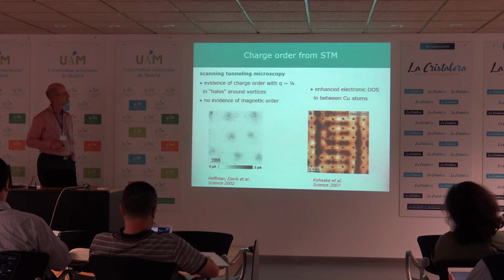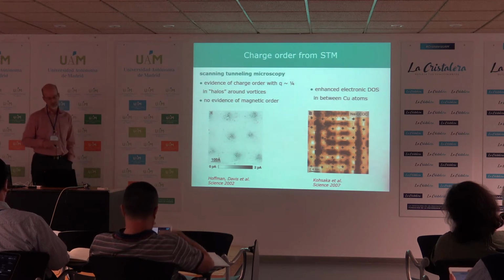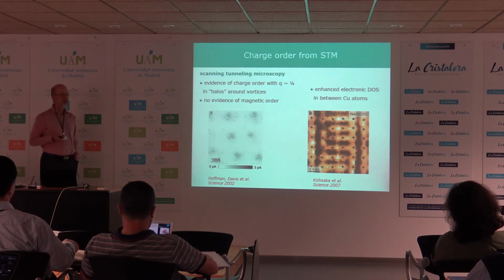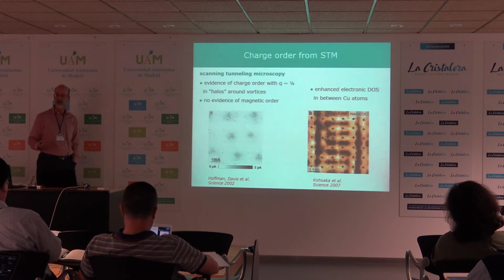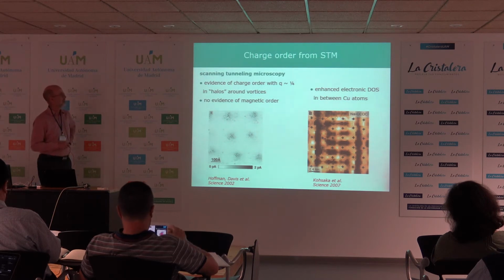Well, Seamus has already shown this, so I don't have to dwell on that. I just wanted to point out that in these vortex cores you have charge order, but you don't have magnetic order. Right? So in contrast to the stripe phase in the 214 cuprates.